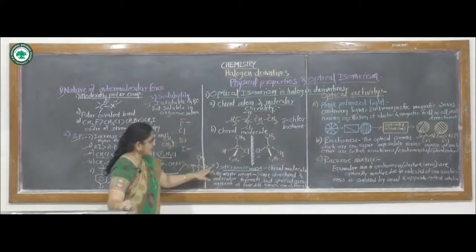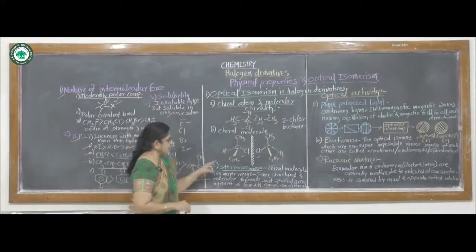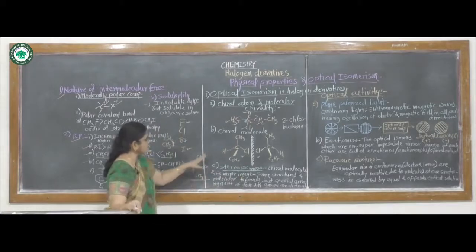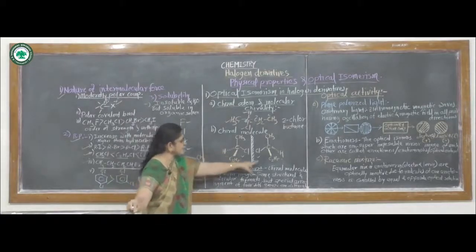Then the third one, that is stereoisomers. What are stereoisomers? That means a chiral molecule and its mirror image have the same structural formula.